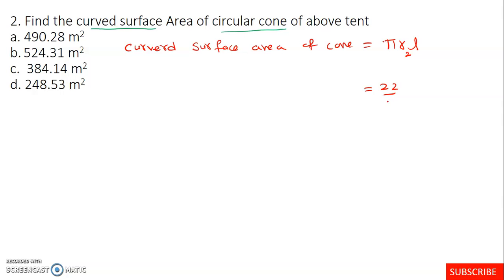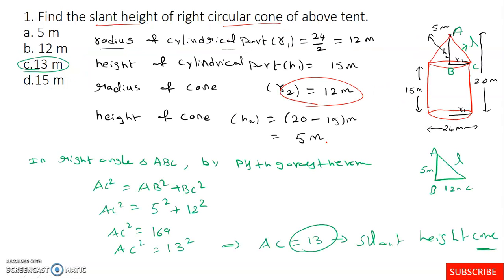Now, you have to find the curved surface area of the right circular cone. What is the formula for curved surface area of a cone? It is pi r L. Here for the cone you should take R2. Pi means 22 by 7. R2 is 12, L is 13.